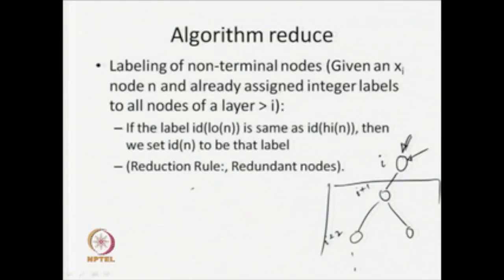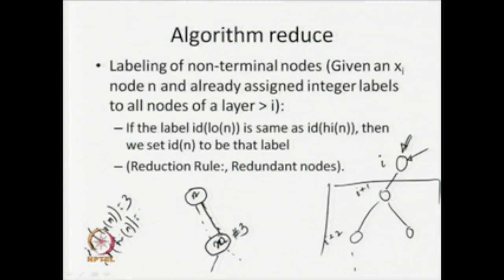That means, if I have a particular node n with low and high both coming to one particular node, say m, with say level 3, then ID of low of n is equal to 3. Similarly, ID of high of n is equal to 3. So, if both are the same, we give the same label to this node. So, I can say that this is also labeled with 3.